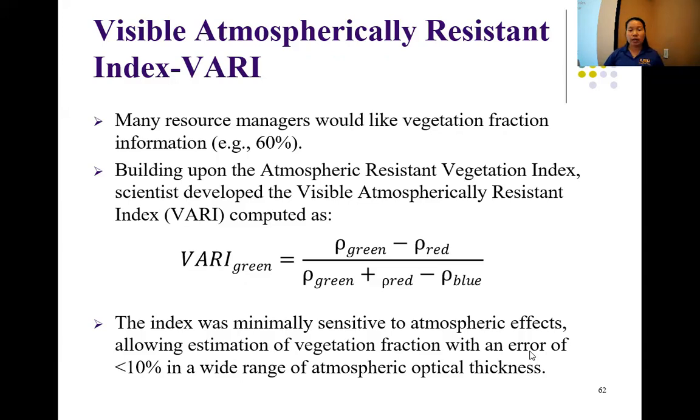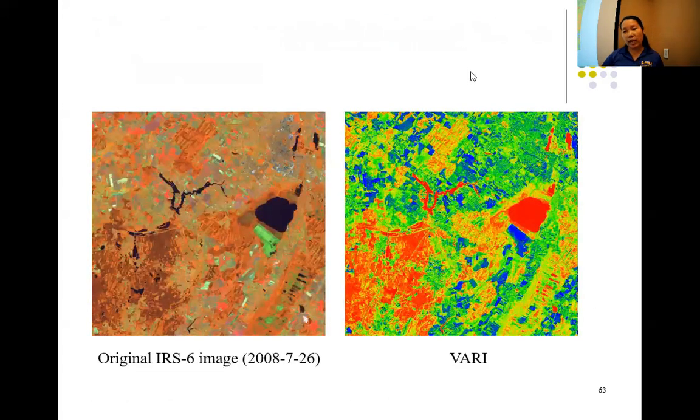The index was minimally sensitive to atmospheric effects, basically has less impact from the atmospheric effect, allowing estimation of vegetation fraction with an error of less than 10% in a wide range of atmospheric optical thickness. So it looks like this method may be able to deal with plant fraction values. Anyway, the VARI data set applied to this will look like this.